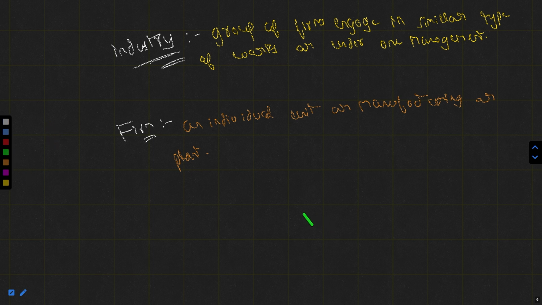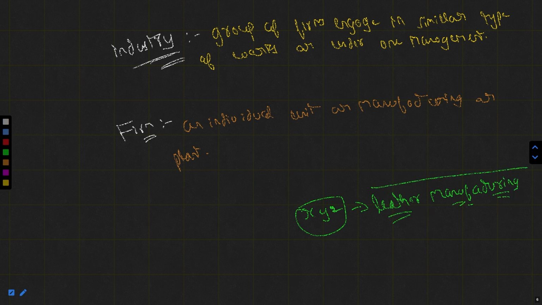Suppose there is a company called XYZ, involved in leather manufacturing, for example. What is the company? The company is the firm, because it is a single entity. But suppose XYZ, PQR, ABC, DEF are all involved in leather manufacturing.